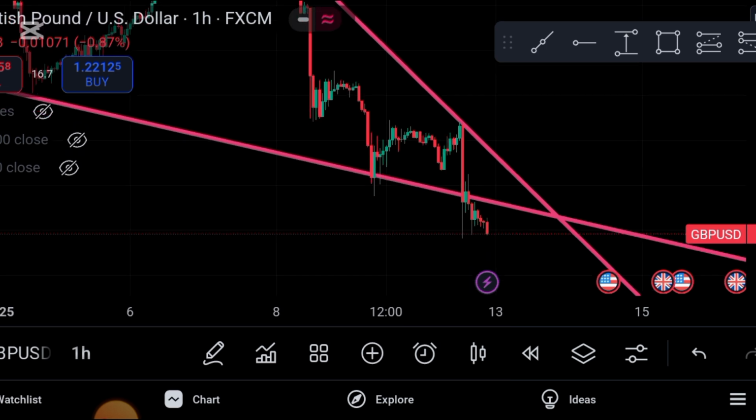So definitely, this is a downtrend. We've seen continuously how the weekly trend line was broken to the downside, the daily trend line was broken to the downside, the 4 hour trend line broken down to the downside, which is this pink one. So that gives us a lot of confirmation that definitely this is a downtrend.